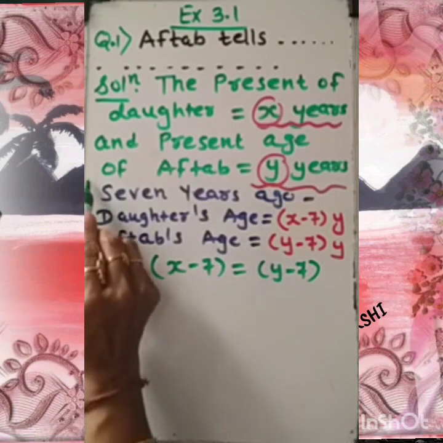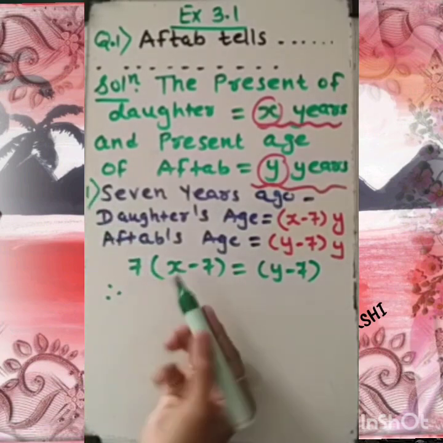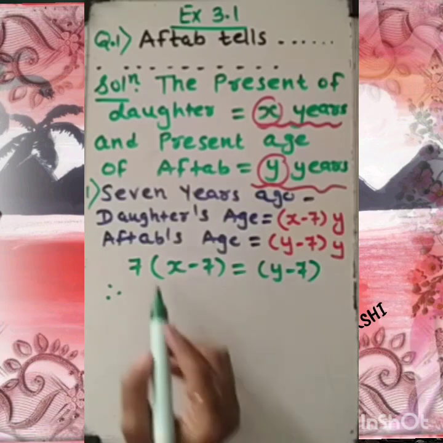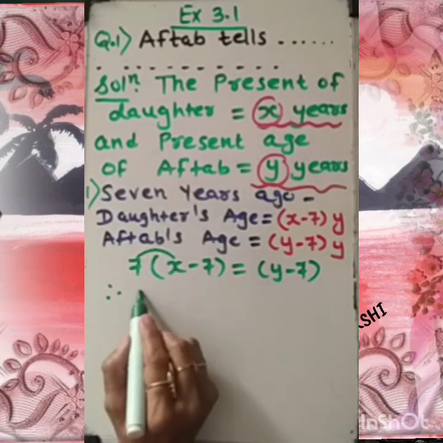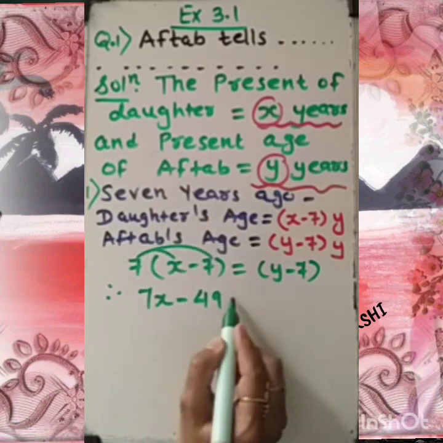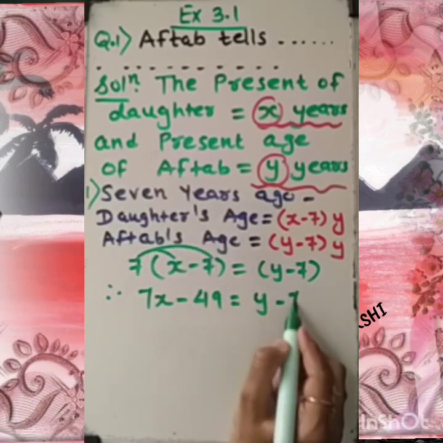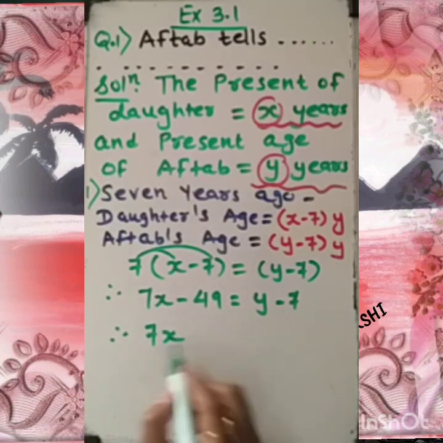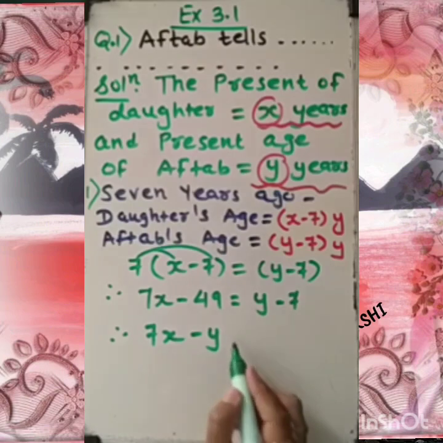This one number you can mention, and let's simplify it here only because it's very important to simplify. 7 into x we know is 7x. 7 sevens are 49. Here y minus 7. Fine. Let me bring this y to the left side, so it will become minus y. Right?